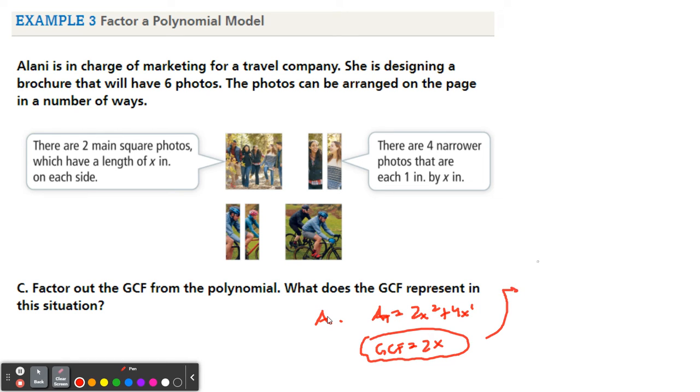So then if we factor it, we're going to pull out the 2x. And in the parenthesis, 2 divided by 2, the 2 goes away. Take away an x, that leaves you with x. And then 4 divided by 2 is 2, and this x goes away. And again, if you think back to the original problem, this factored form has the 2x here along this side, which would be the height of the arrangement.